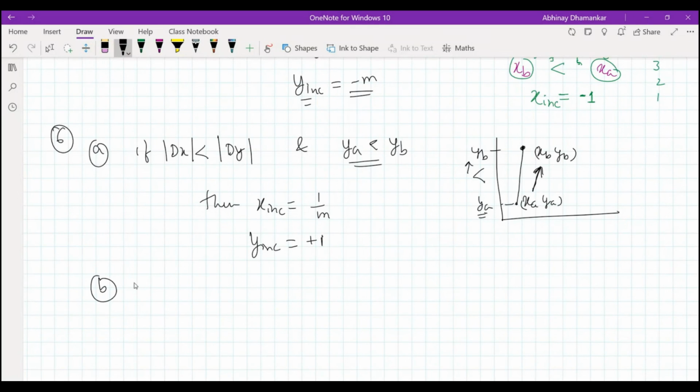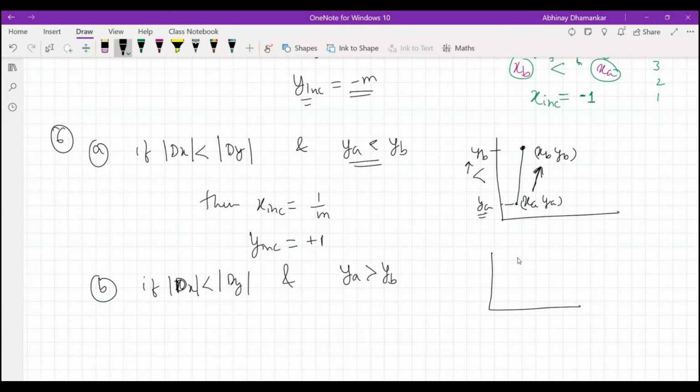And in the b case, here dx less than dy and same thing, ya greater than yb. मैंने पॉइंट स्वैप कर दिए, okay, now this is ya and this is yb.